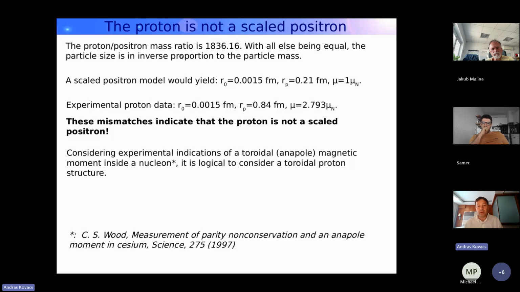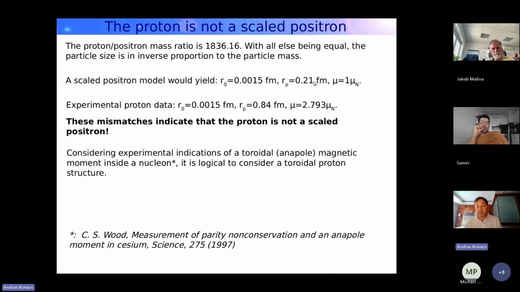So if we scale down the positron values by this mass factor, then what would we get? Firstly, we would get the spherical charge radius that is actually matching the experimental data I showed you before. That's good. But you would get the Zitterbewegung radius 0.21 femtometer, and you would get the magnetic moment being 1 nuclear magneton.